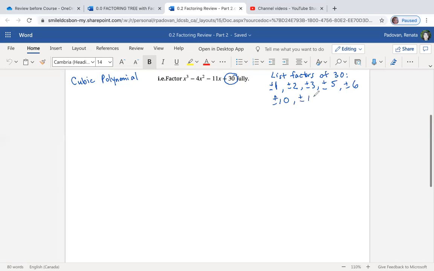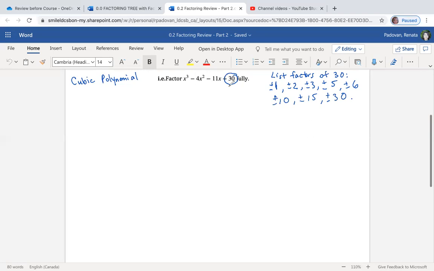Positive and negative 15, and positive and negative 30. For each number it's 2, because you have the positive and the negative. So we have 2, 4, 6, 8, 10, 12, 14, 16 possible answers here.